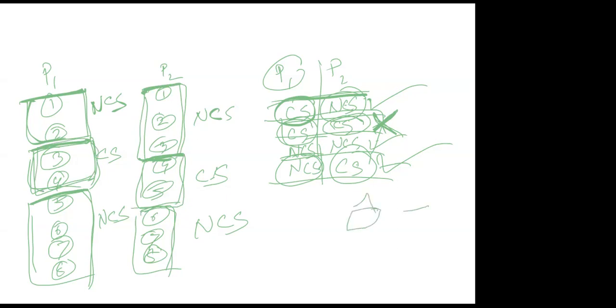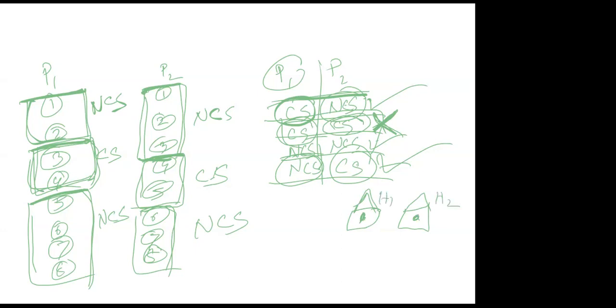Or two houses. You need to ensure that two houses cannot accommodate people at the same time. If a person is inside house one, there won't be any person inside house two. This is H1, this is H2.